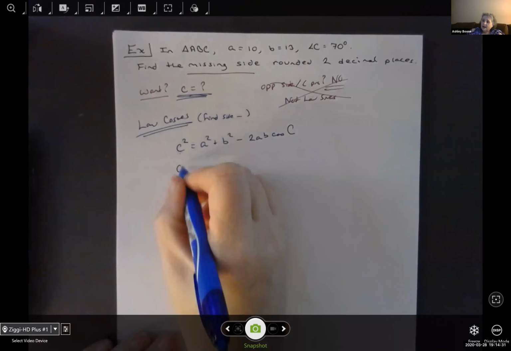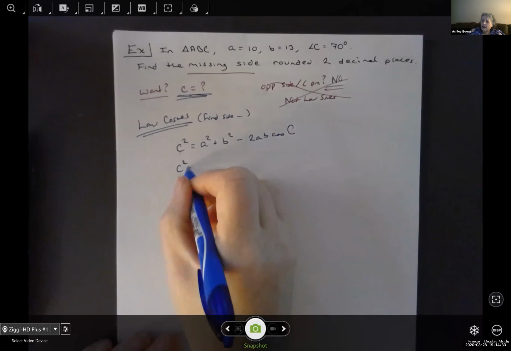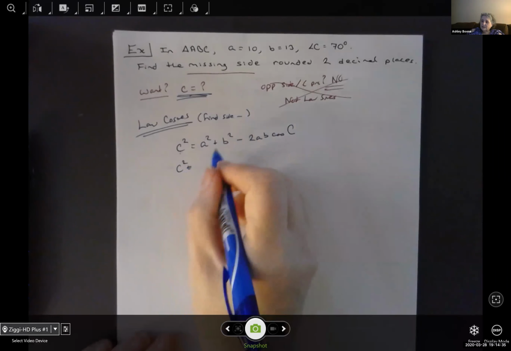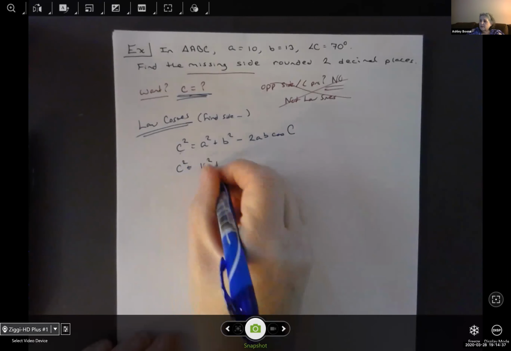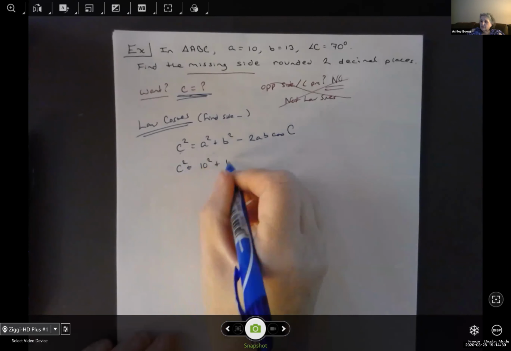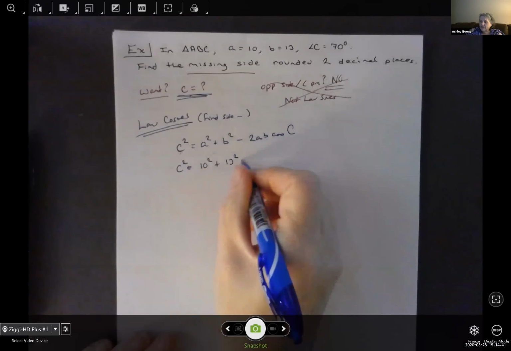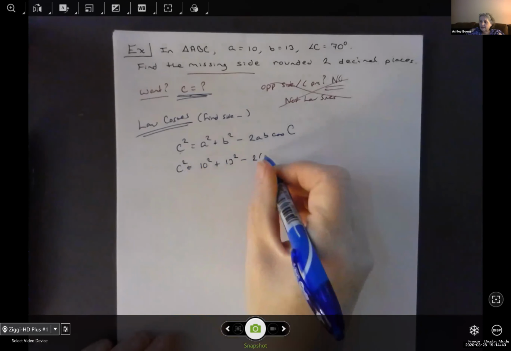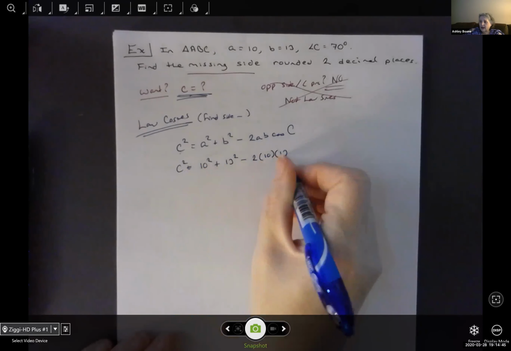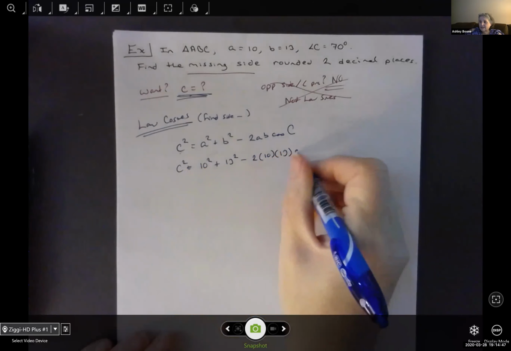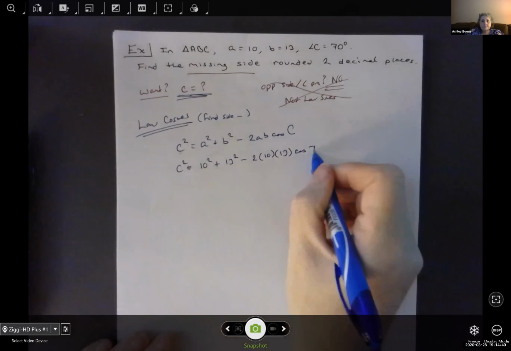C squared is going to be equal to A squared, A is 10, so that's 10 squared, plus B squared, B is 13, so that's 13 squared, minus 2 times A times B times the cosine of C, and C is 70 degrees.